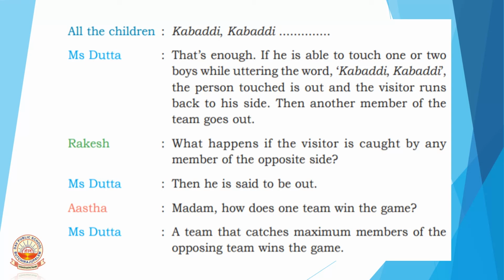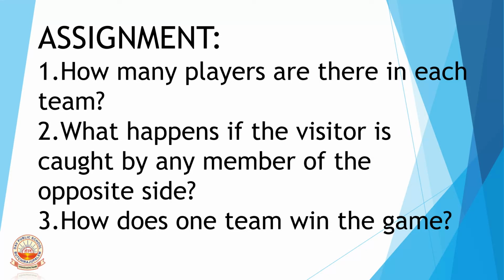Asta: Madam, how does one team win the game? Datta: A team that catches the maximum members of the opposing team wins the game. So if the maximum members of the opposing team are caught, then this team is said to win the game. I think all of you understood the lesson.